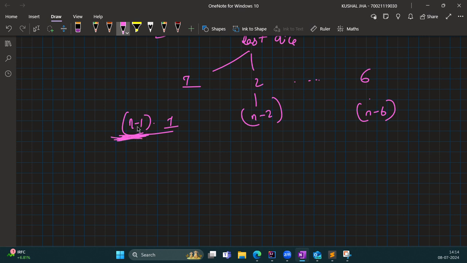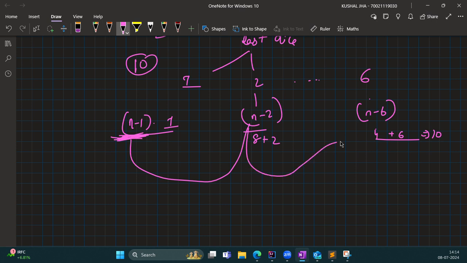If I'm at 9 in the last dice attempt, I get a 1, I reach 10. If I'm at 8, I get a 2 and I reach 10. Similarly, if I am at 4, I throw a 6, I get 10. So the answer for 10 would be the summation of all these values.